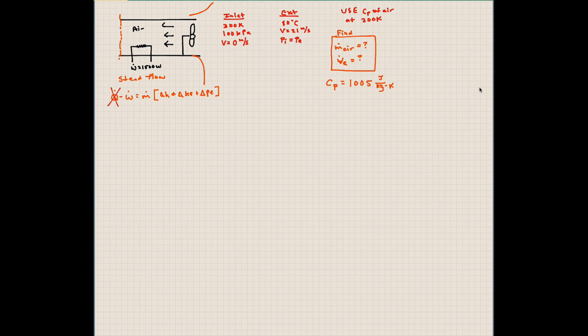Okay, and really what we're providing here, and I've written it as 1500 watts, but what's coming in through here I'm considering as work, since we're thinking about it in terms of voltage and current. So we're putting work into the system. When we put work into the system, this is a negative value when we go in.